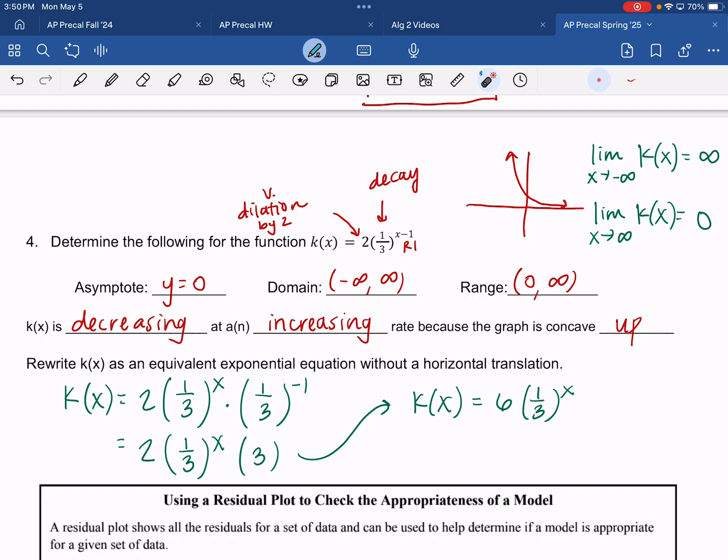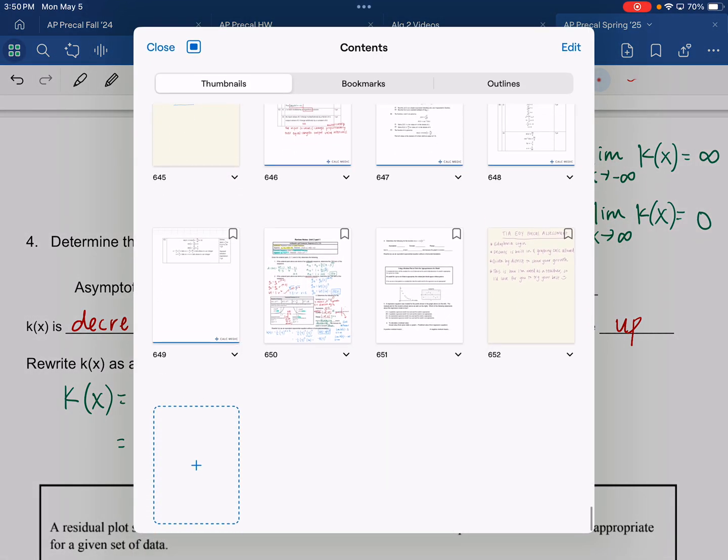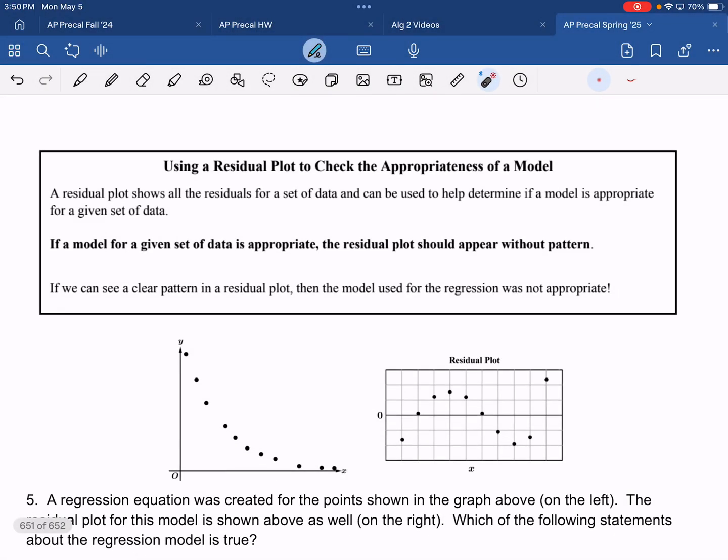Okay, y'all, let's quickly look and review residuals. We've talked about them a little bit last class. Remember that if you're looking at a residual, you're not looking at the line of best fit. You're looking at how much error there is between your line of best fit, your regression, and the actual data.